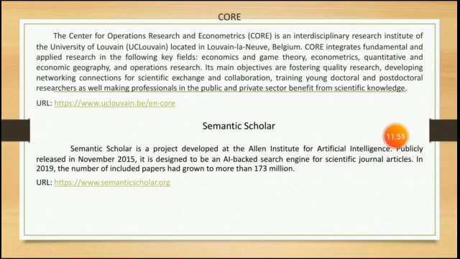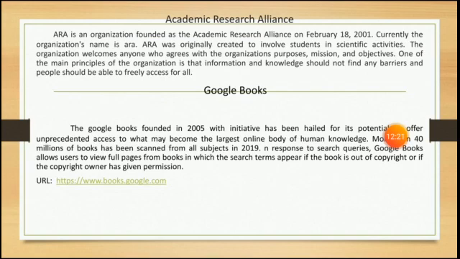Publicly released in 2015, it is designed to be an AI-backed search engine for scientific journal articles. In 2019, the number of papers included had gone to more than 173 million papers in the related field. So you can think of how fast this field, artificial intelligence and machine learning, is growing.